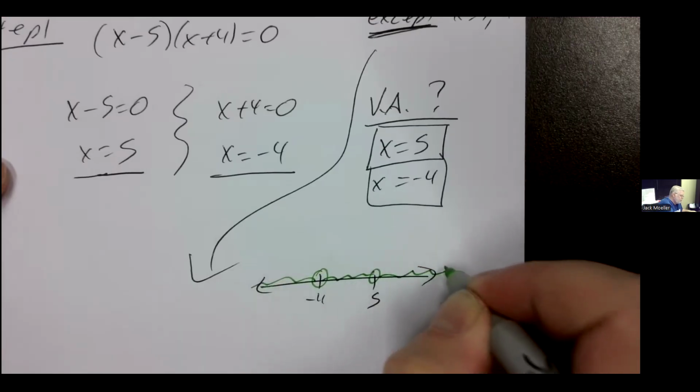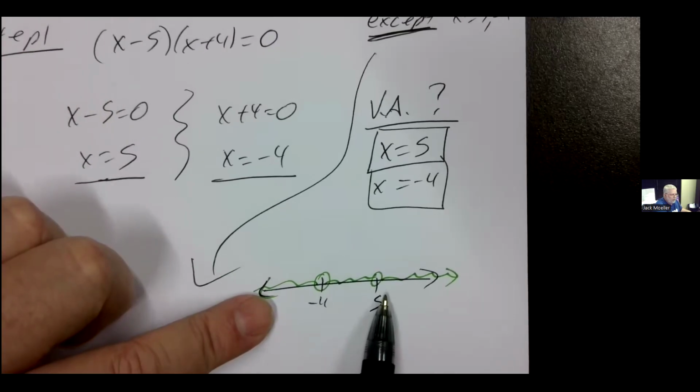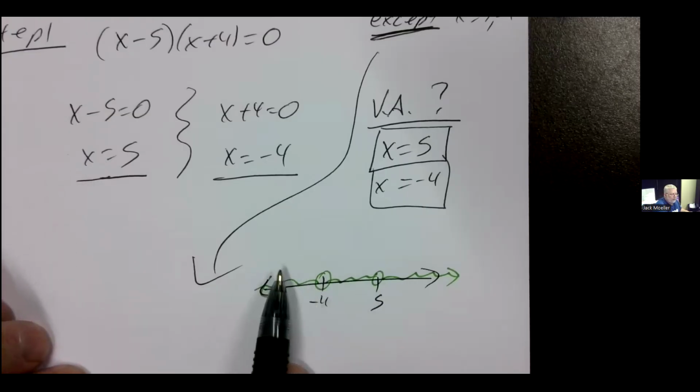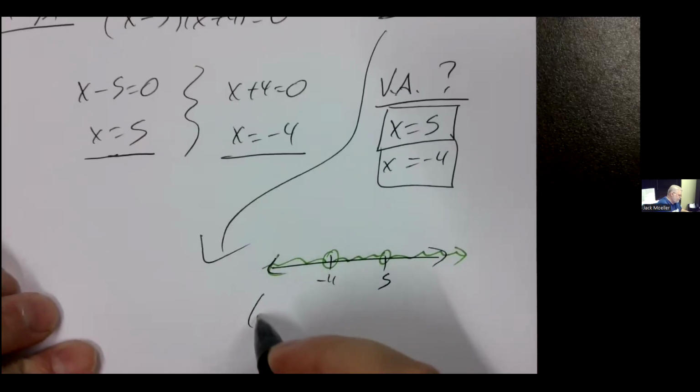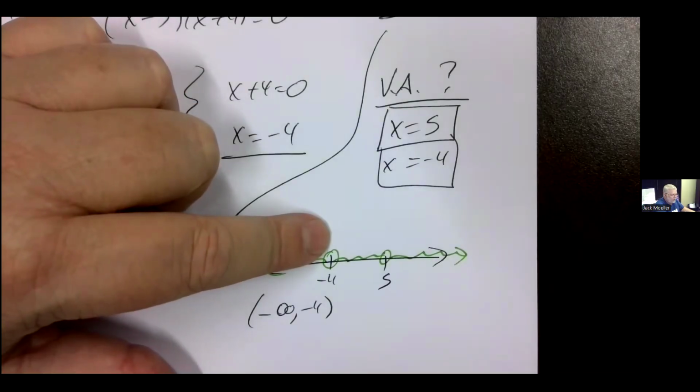So if you're struggling with the domain on the rational functions, put them on a number line like this. And so what's the interval for that left part? Well, from -infinity to -4 in parentheses because we don't want the -4.